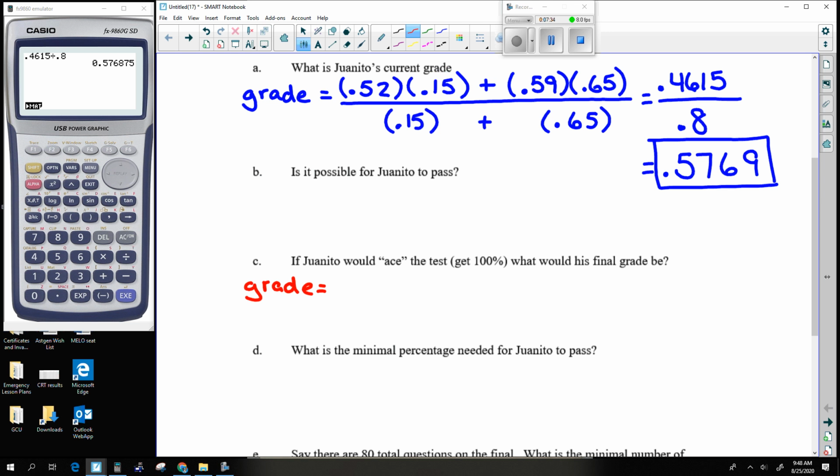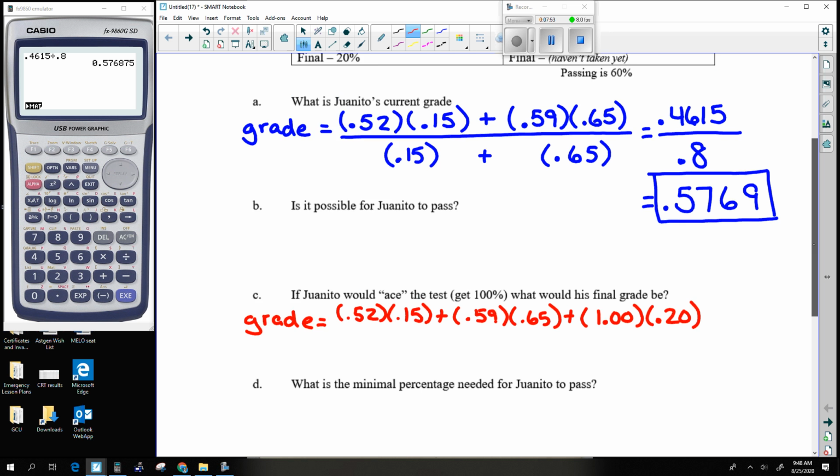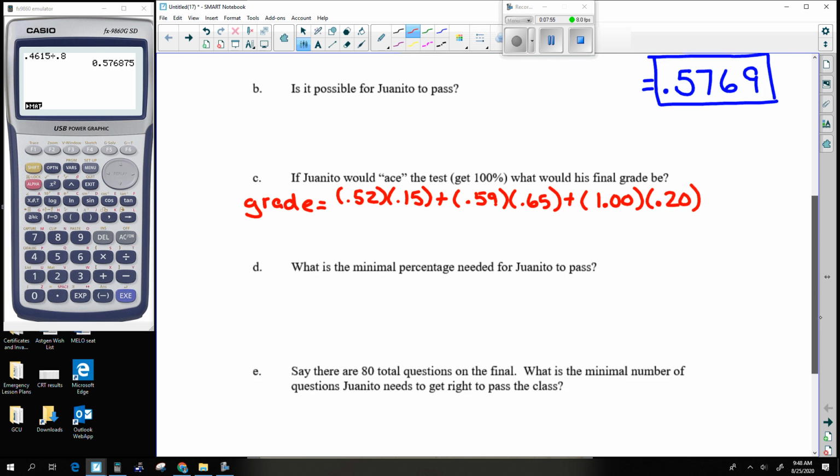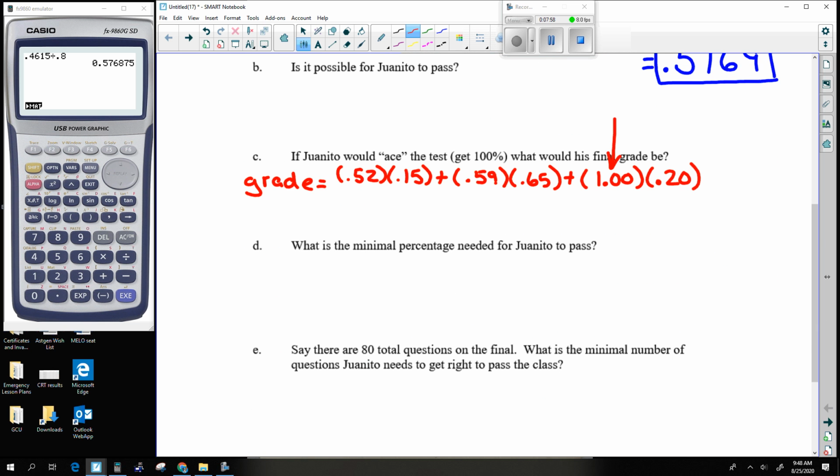All right, so this is the homework, the tests, and now a 100%, so his score is hypothetically 100% on a test that is worth, what, 20% of the grade. We're just make-believing that number. If he would ace the test, what would his grade be? And so this is divided by just the weights.